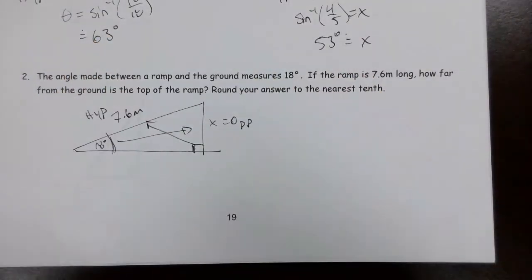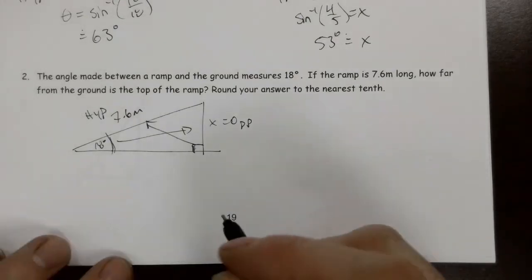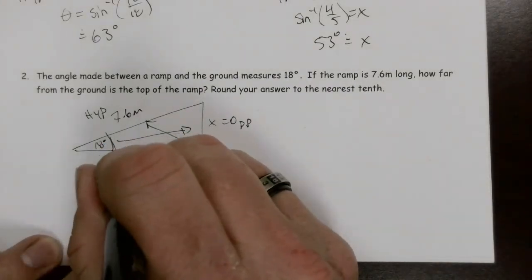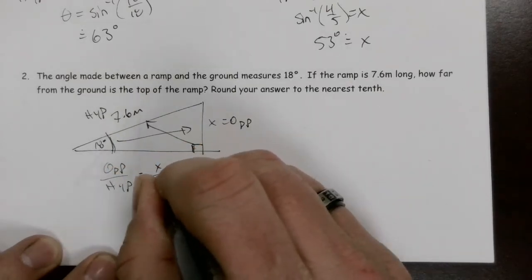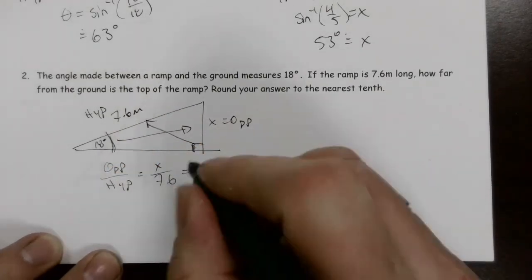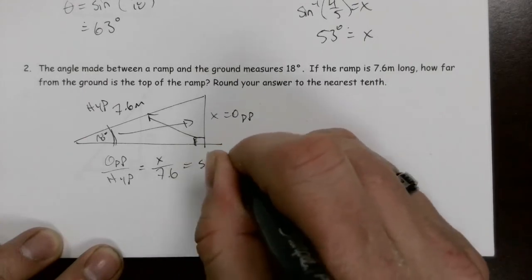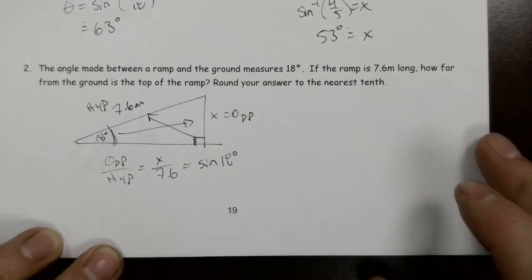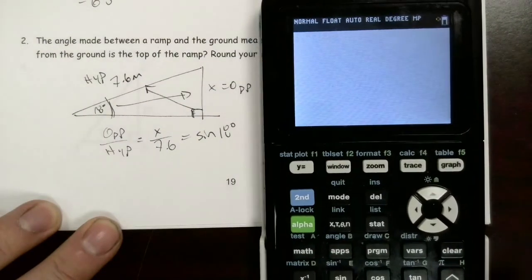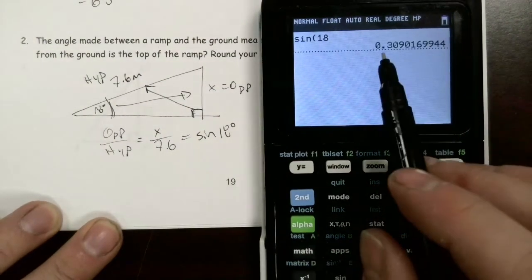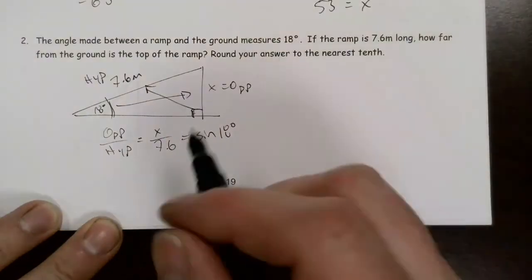So it's important to get opposite and adjacent and those things clear in your head. So the opposite over the hypotenuse ratio that I've got here is going to be x over 7.6. But I can cheat because I have the angle. I can let the calculator tell me what that ratio is. And so the sine of 18 is 0.3090.